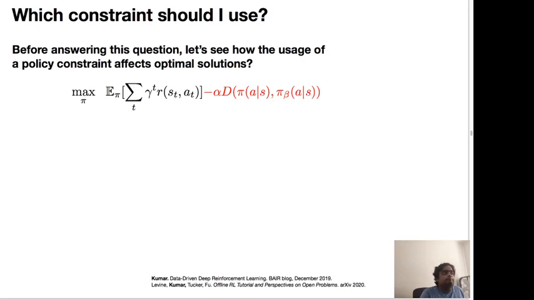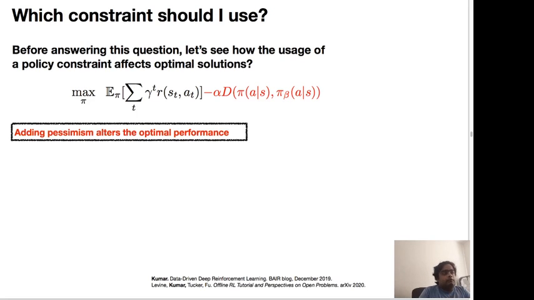One way of looking at this is the penalized form of the RL objective, where the policy constraint gets added onto the RL objective as shown in the red mathematical expression here. You are trying to optimize the policy towards maximizing the expected reward, but also minimizing the divergence D. It's clear that when you add such an objective, you are altering the optimal performance, because the optimal for this objective may not even be the optimal for the original RL problem without the policy constraint.